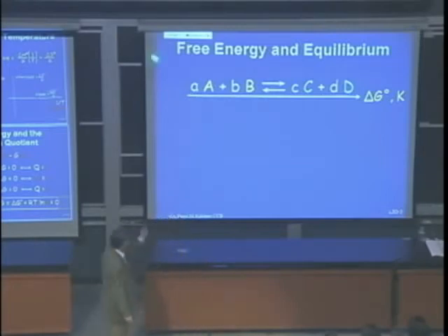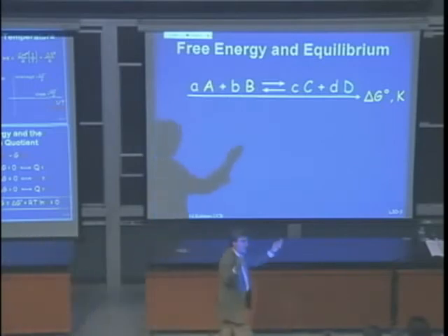In order to go spontaneous from left to right, we have to have the delta G at standard conditions. Standard condition is 1 atmosphere if you have gases, or 1 mole on each of your reaction partners and your products. This would be standard conditions, all right?